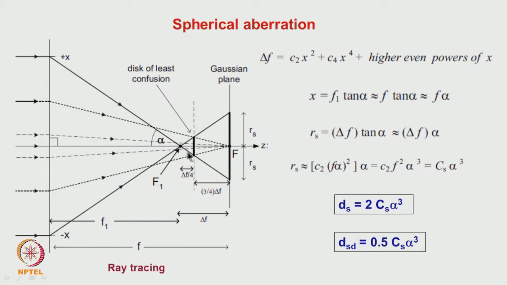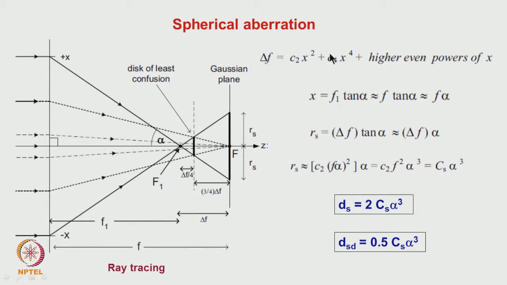What we find here is that it is not one focal length. For a paraxial ray, this is the focal point, and we can assume that f is the focal length, and the ray which is coming at the edge of the lens is focused at this particular point. So, this delta f is the variation in focal length which is occurring.